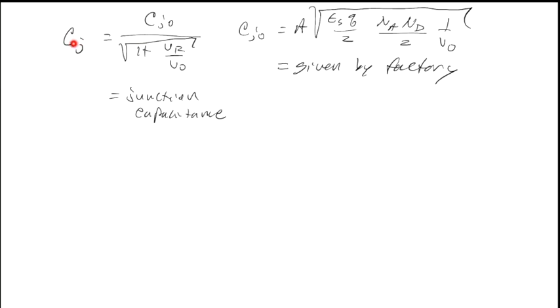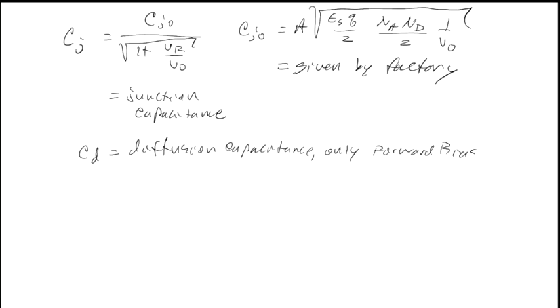So you can change the capacitance by changing the bias on it. There's also diffusion capacitance, which occurs only in forward bias. And that's a transit time, T, over the thermal voltage times the current.